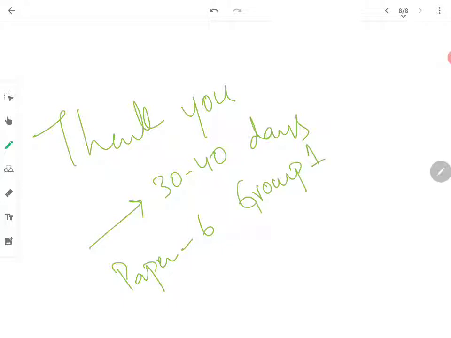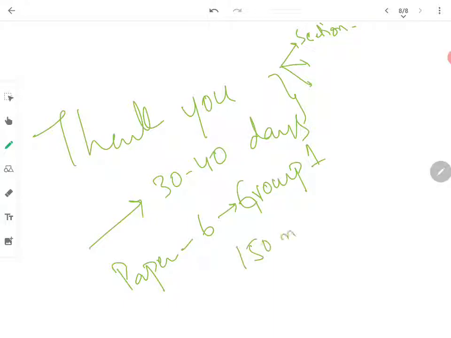I am taking this course because I want you to be ready whenever the Group 1 exams put out their notification. You must be ready, because these are very simple sections involving your own history, that is the Telangana history, which we basically need to know. Once you know all these sections in detail, you can clear the exam easily.